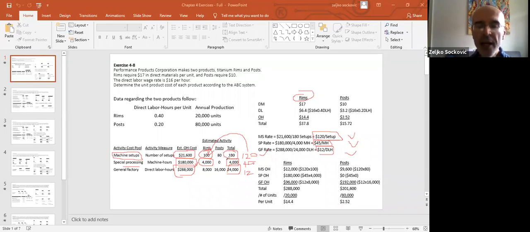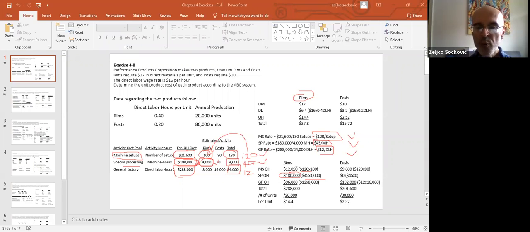120 times 100. This is applied, right? Then 45 times 4,000. And you can see here, 180,000 is in full here. Why? Because rims are using all machine hours that we're using, 100%.